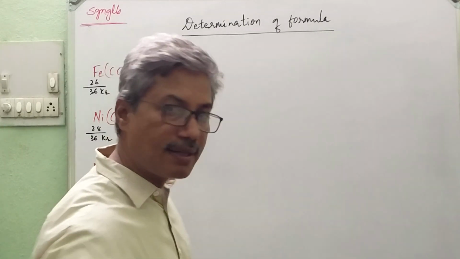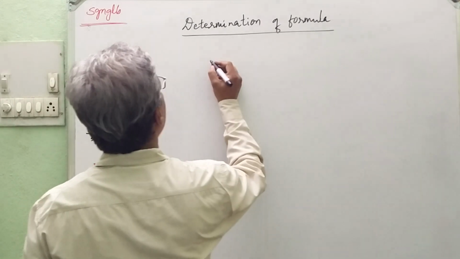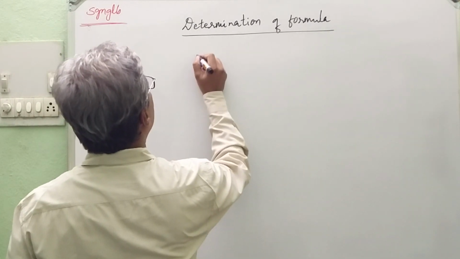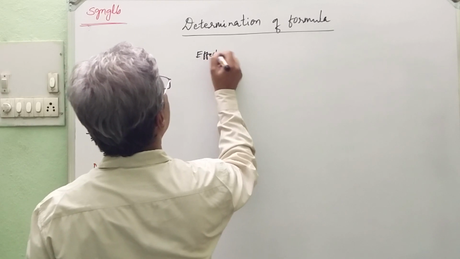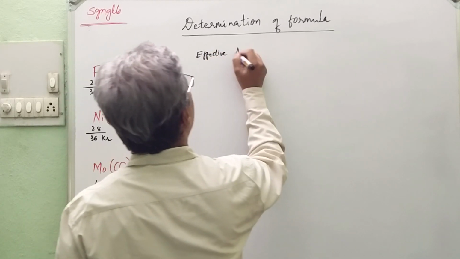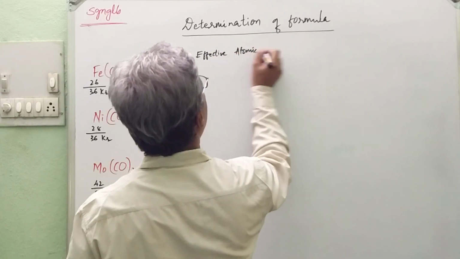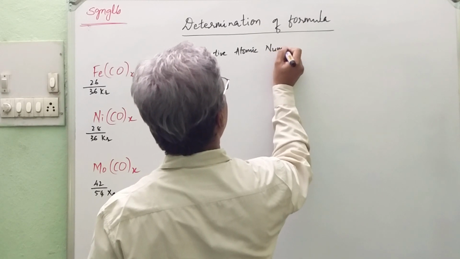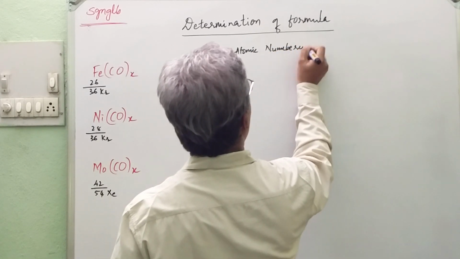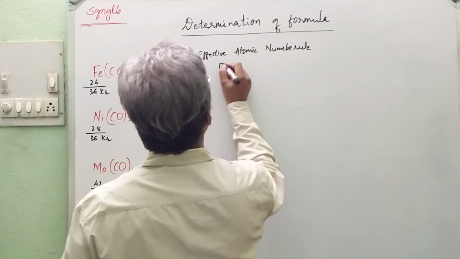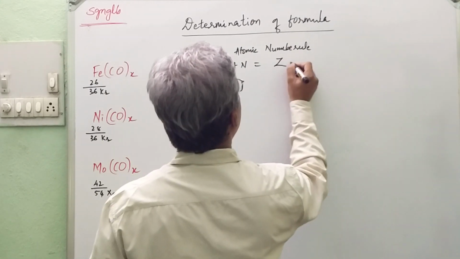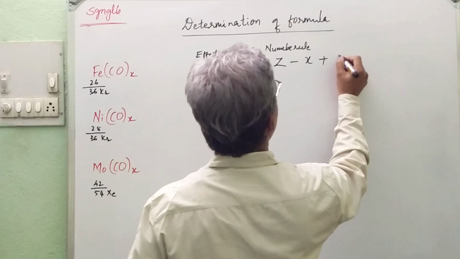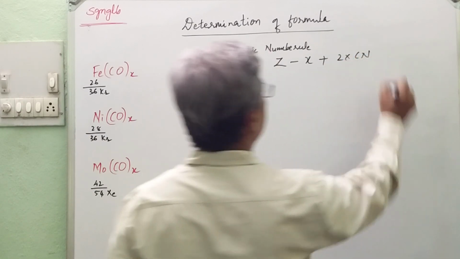Friends, here one rule is there, which is known as the effective atomic number rule, that is the EAN rule, which is equal to Z minus (X plus 2 times the coordination number).